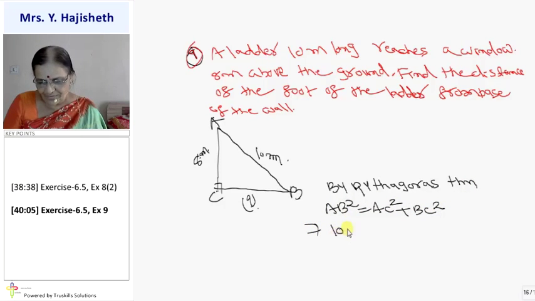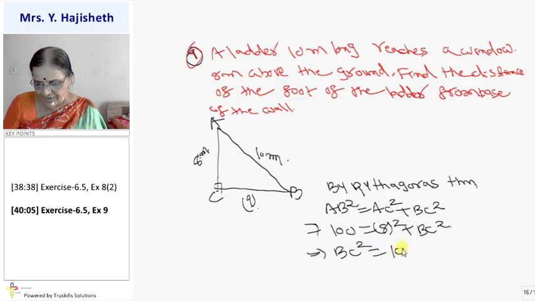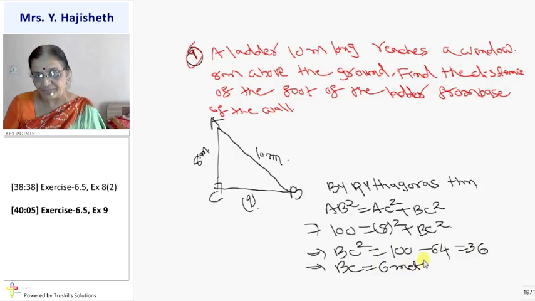So AB square is 100, AC square is 8 square, and BC square I don't know. So what is my BC square? 100 minus 64, so that is 36. So what is my BC? Square root of 36 is 6.